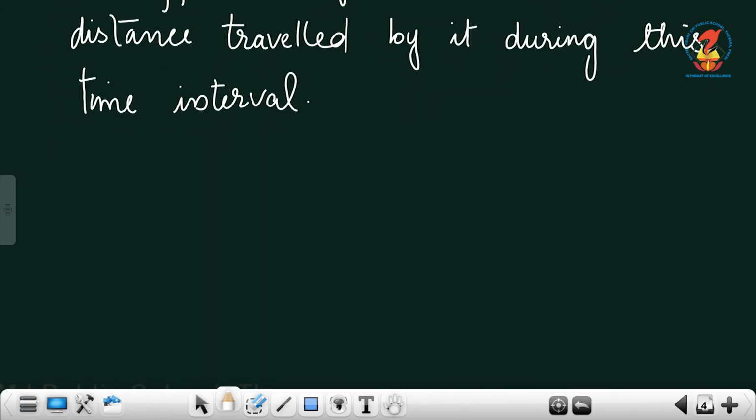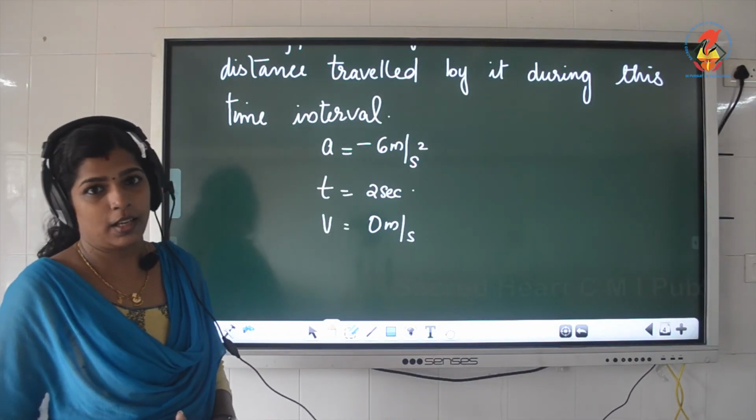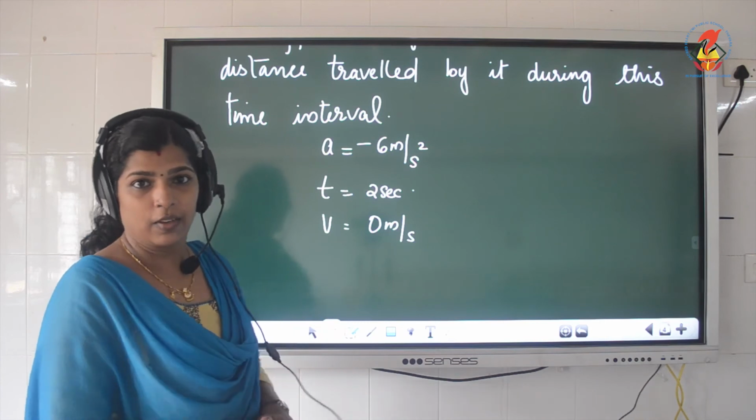Now, acceleration is minus 6 meter per second square, time is 2 seconds, final velocity is 0 meter per second. Now, we need to find the distance travelled.